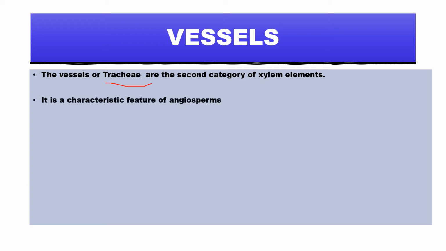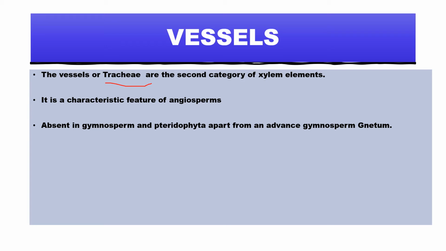Now let us discuss the vessels, which are also called tracheae. This is the second category of xylem element. This is the characteristic feature of angiosperms.